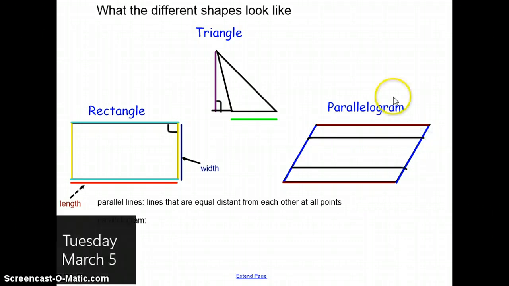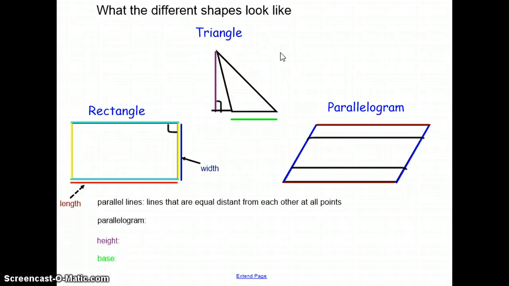I've labeled every one here so that all the ones that are the same color are parallel to each other, so you can see visually what parallel lines look like. Now you can ask yourself, what then is a parallelogram?